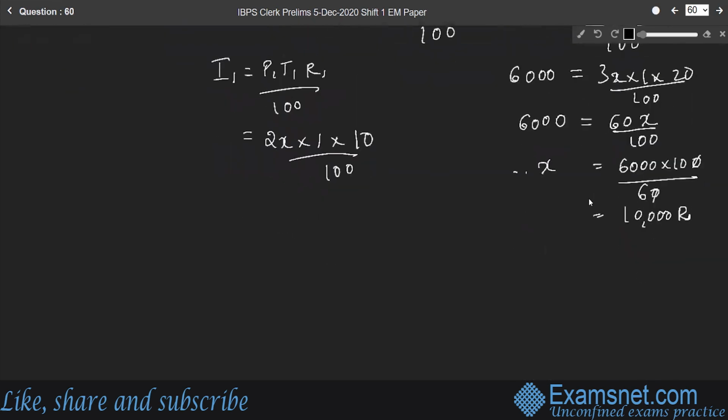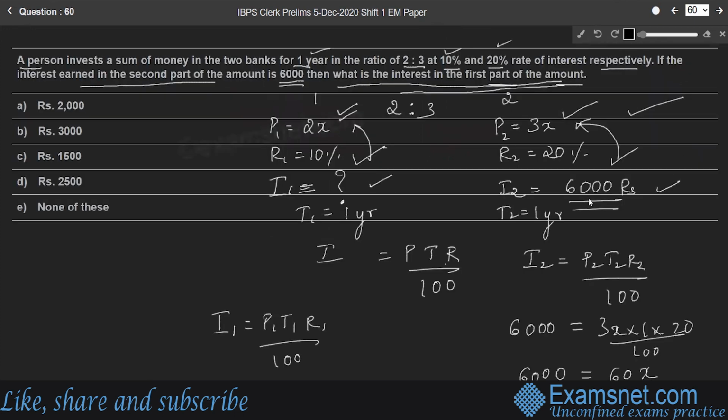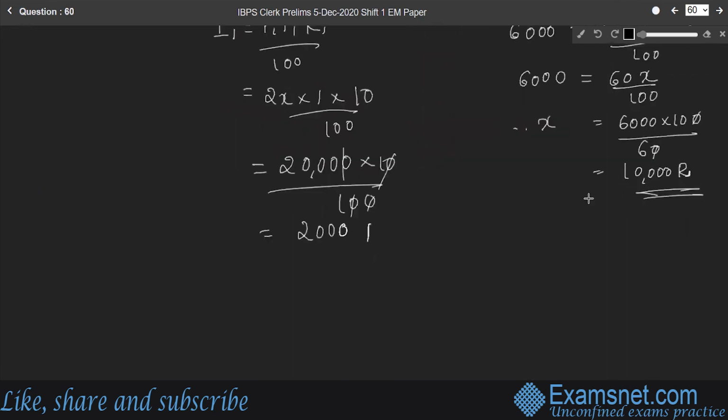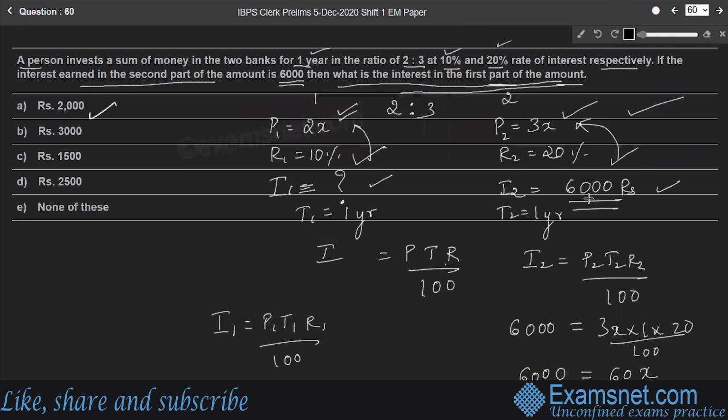So, what is 2 into x? 2 into 10,000 is 20,000. X is 10,000 here, right? 20,000 into 10 by 100, which is 2,000 rupees. So interest earned in the first bank is 2,000 rupees, hence option A.